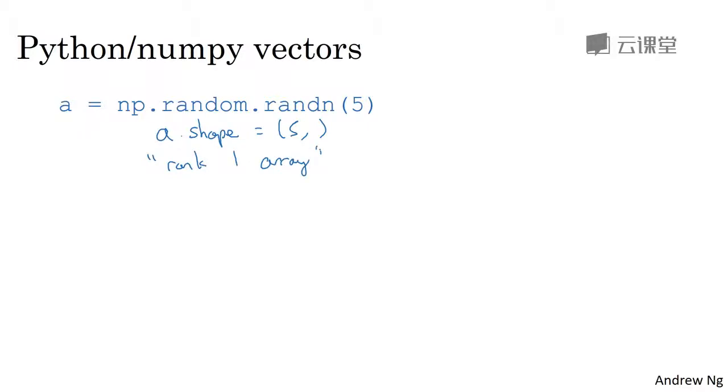It doesn't behave consistently as either a row vector nor a column vector, which makes some of its effects non-intuitive. So what I'm going to recommend is that when you're doing your programming exercises, or in fact when you're implementing logistic regression or neural networks, you just do not use these rank 1 arrays.